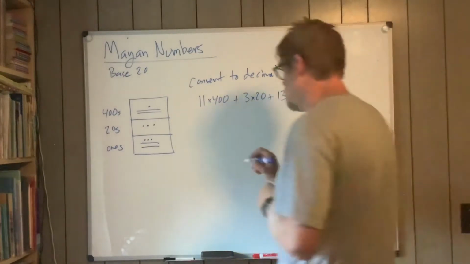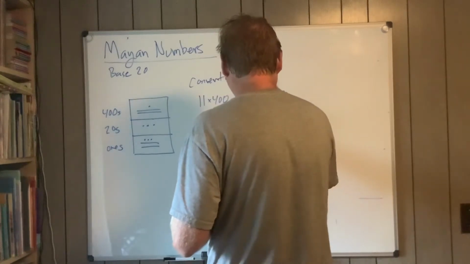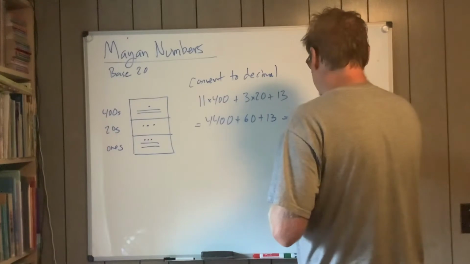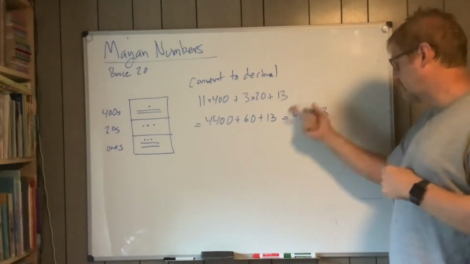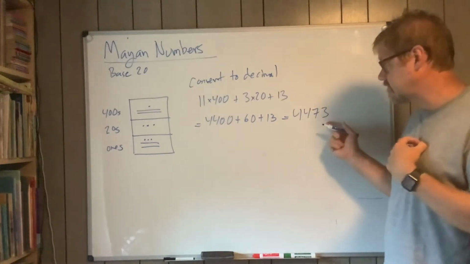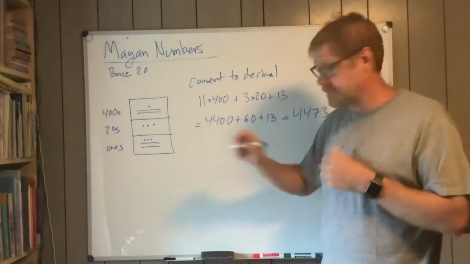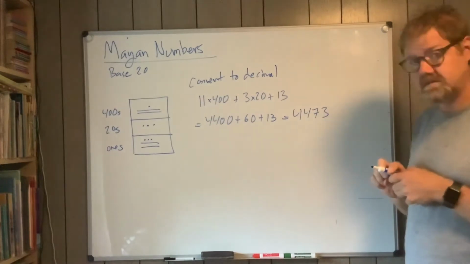So this is 4,400 plus 60 plus 13, which should be 4,473. So the number 4,473 that we use in the Hindu-Arabic decimal system is represented like that. So that's one example.